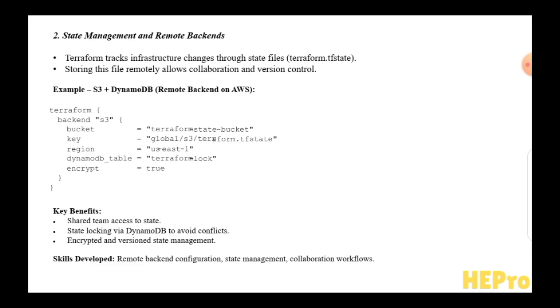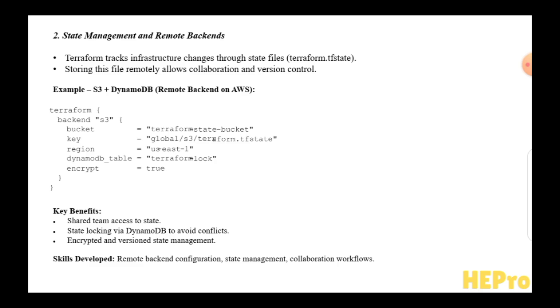In this step, you will manage Terraform state by storing it remotely, which is essential for team collaboration and avoiding conflicts. By configuring a backend like S3 with DynamoDB for locking, Terraform keeps your state files safe, versioned, and encrypted. The bucket stores the state, the key defines the path, and the DynamoDB table ensures state locking so two team members don't apply changes simultaneously.